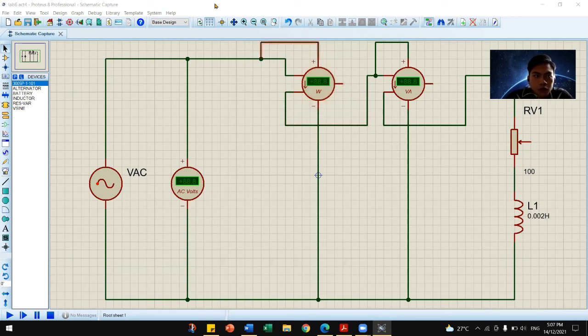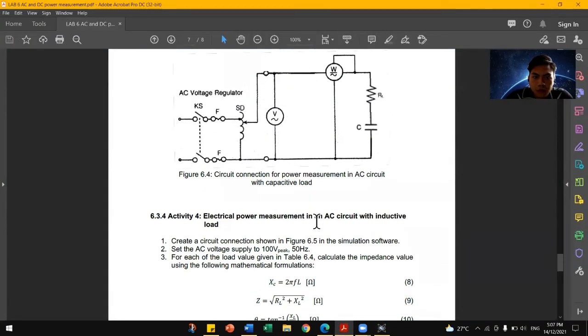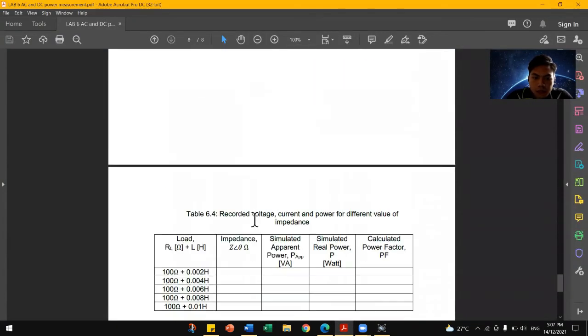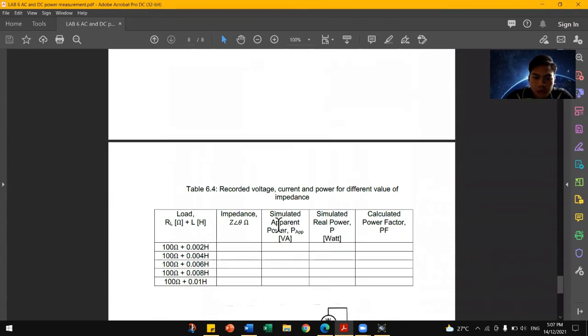So next I will proceed with lab 6, activity 4. In this activity 4, we need to calculate the apparent power, real power, and power factor.